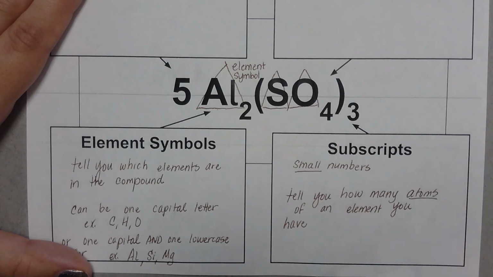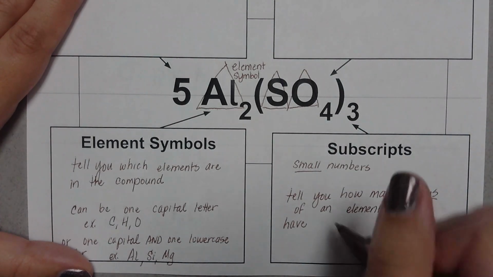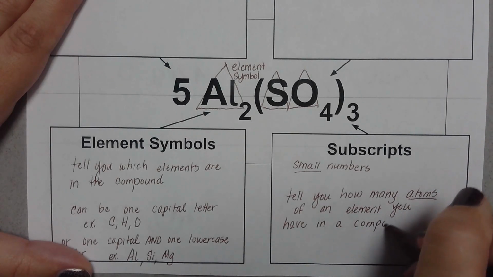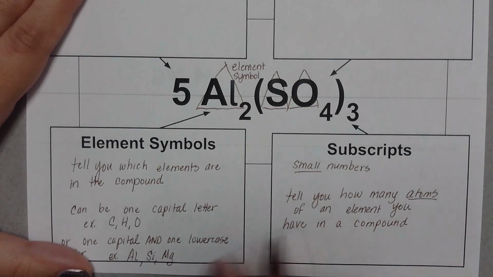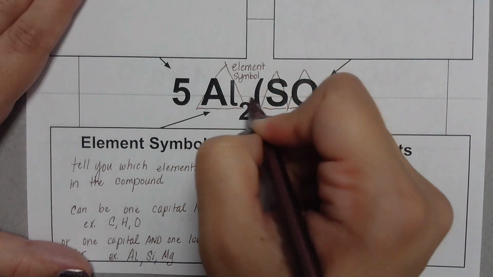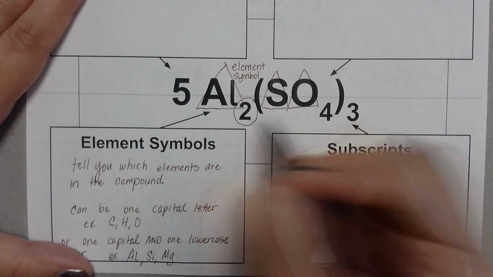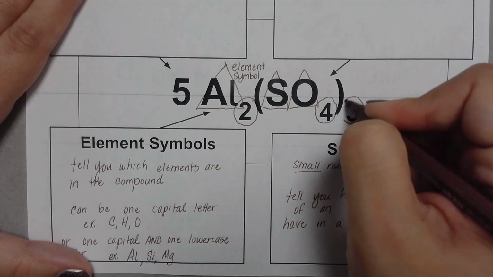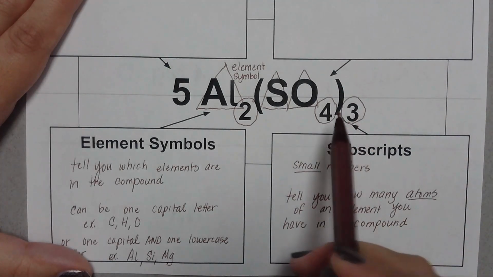So for instance, Al2 SO4, and then we'll talk about what this 3 outside of these parentheses means.